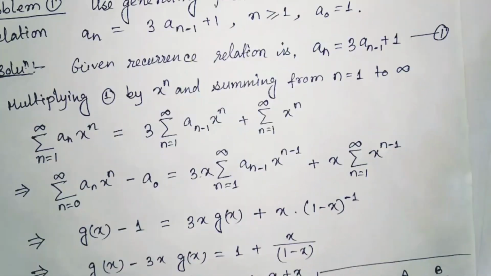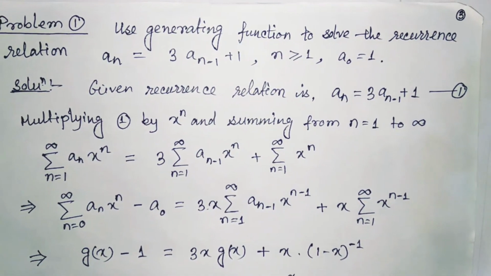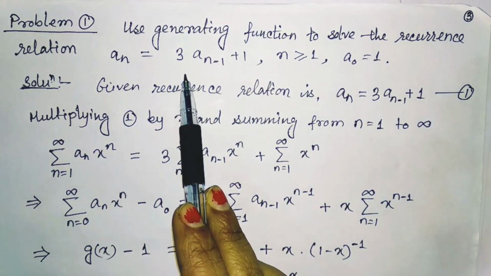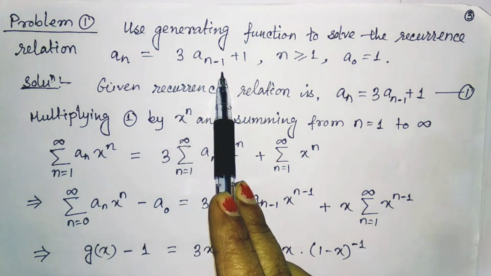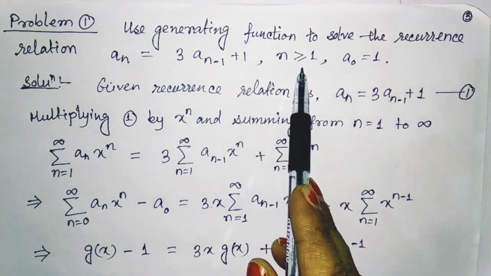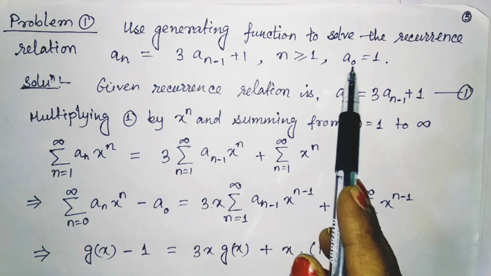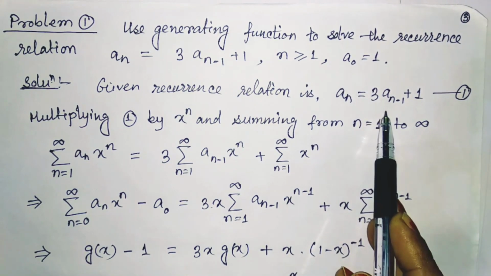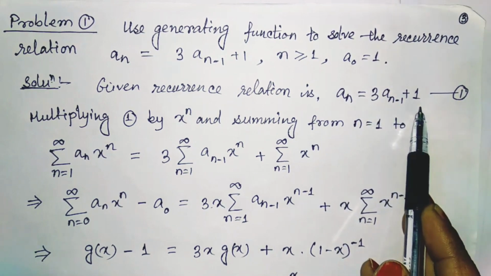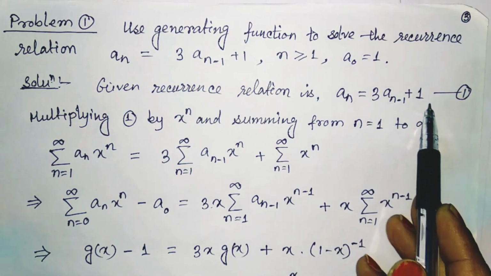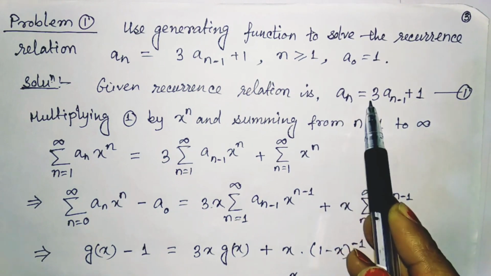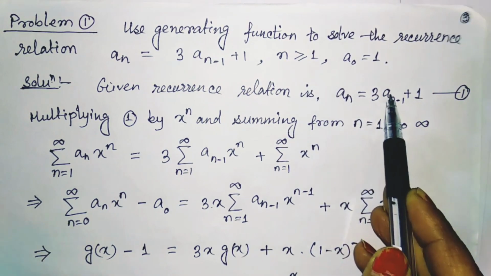The first example is: use generating functions to solve the recurrence relation an is equal to 3an minus 1 plus 1, where n is greater than or equal to 1, and the initial condition is a0 is equal to 1. So at first we convert this an into the form of summation an x to the power n.